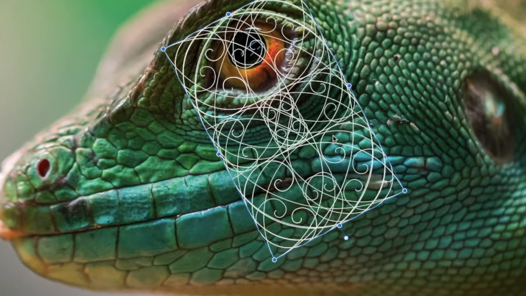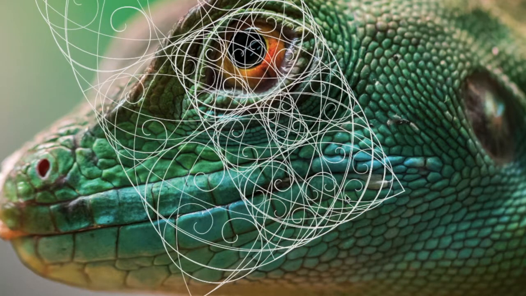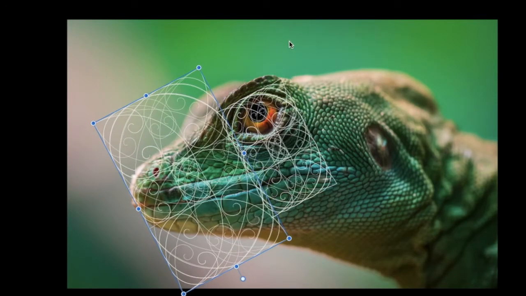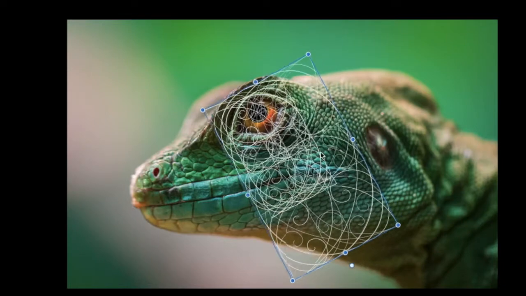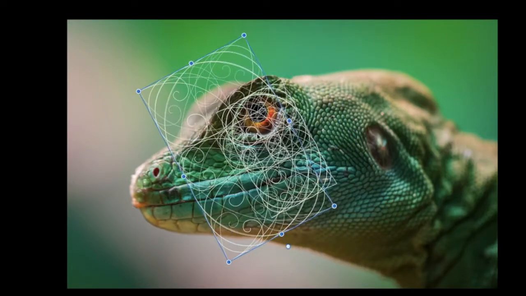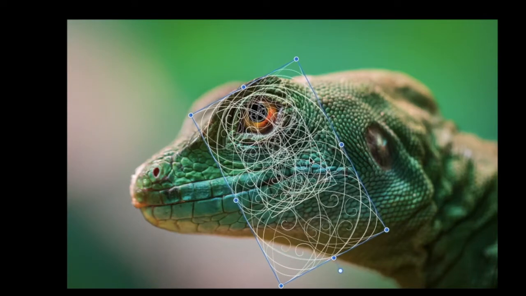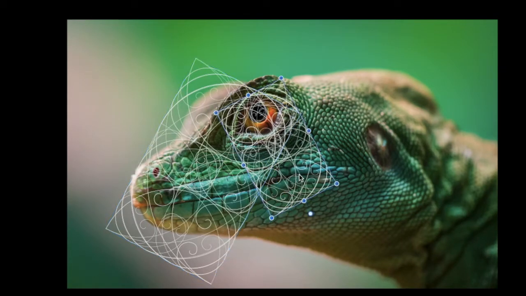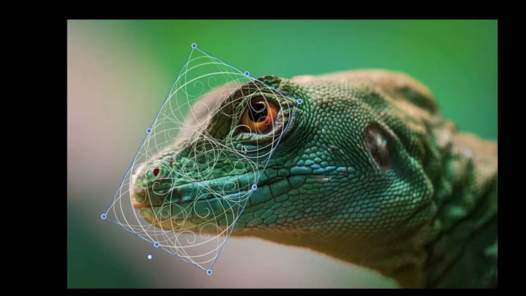Then we take that one and we expand it by 161.8% to this one. It's going to be about like that. Get rid of that one.